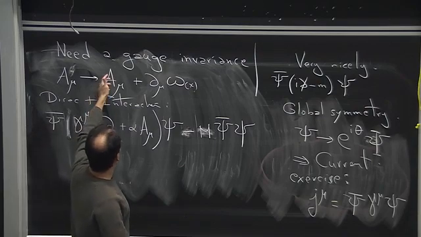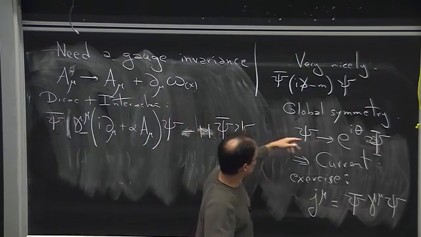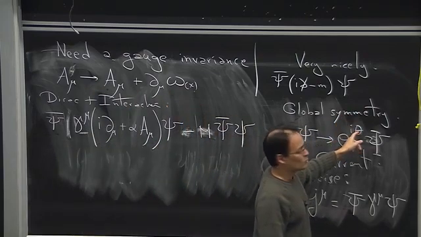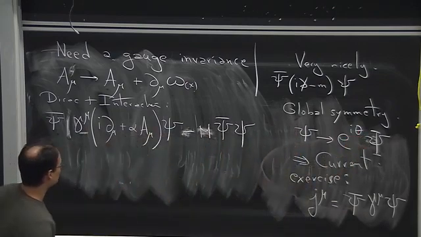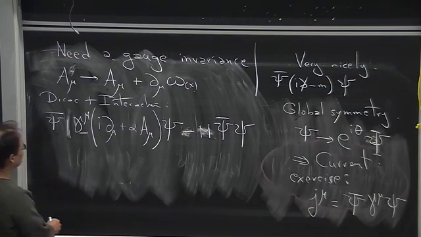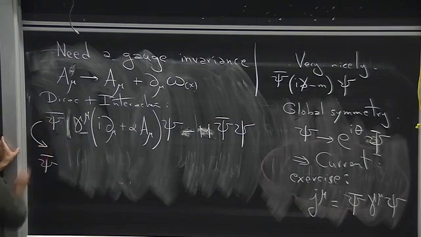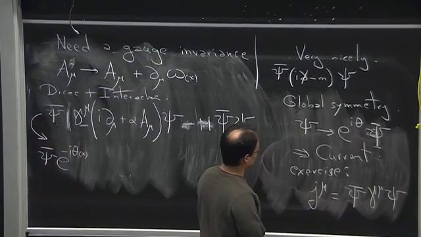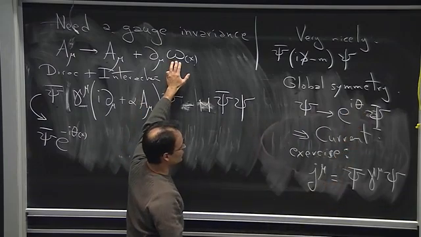Now I can perform a gauge transformation, and the trick we used last time was to perform, at the same time, a global transformation which wasn't global anymore. What did we do? We allow theta to depend on space-time. So we do both things at the same time. So what happens? Well, from this side, we get e to the minus i theta of x. In fact, I'm going to make an ansatz right away. My ansatz is going to be that the theta, just like in the scalar field, is proportional to this transformation.